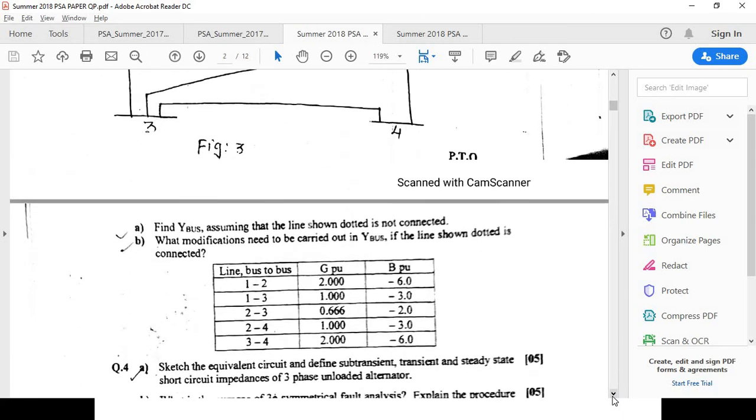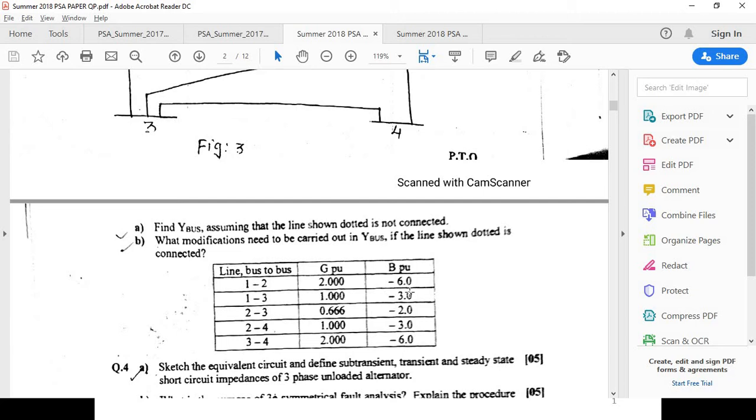So what is that table? This is the table, and this number gives the bus number. Suppose here 1 dash 2 means connection between bus number 1 and bus number 2. Similarly 3 dash 4 is nothing but connection between bus number 3 and bus number 4 respectively. Here G per unit, that is conductance, and B, susceptance, are given in per unit.